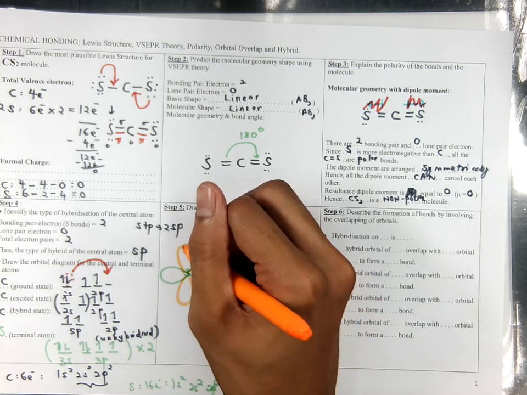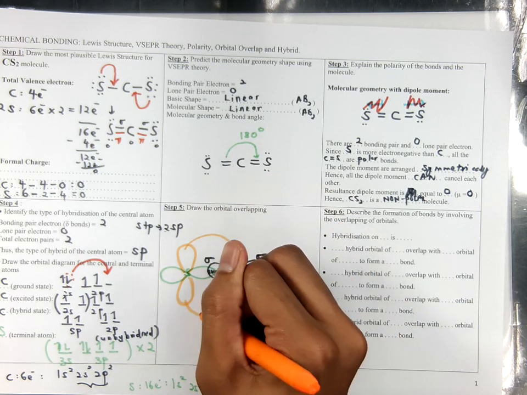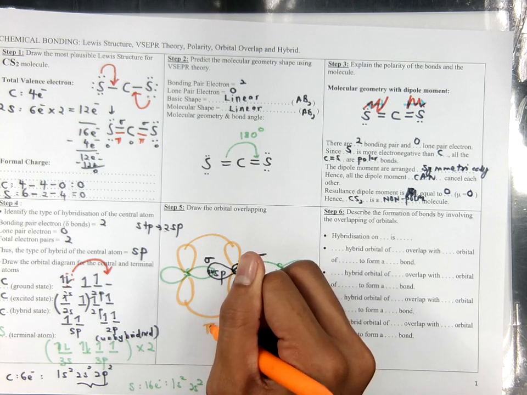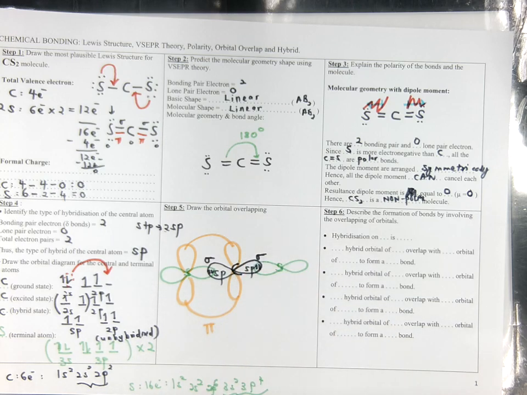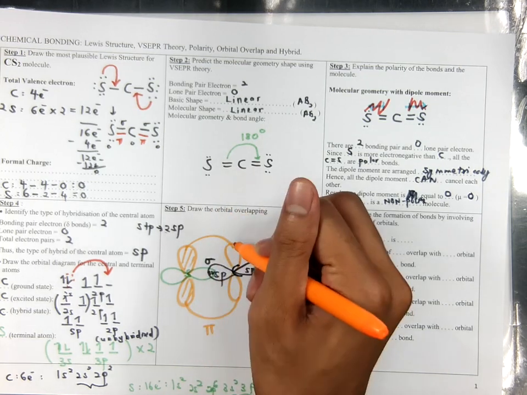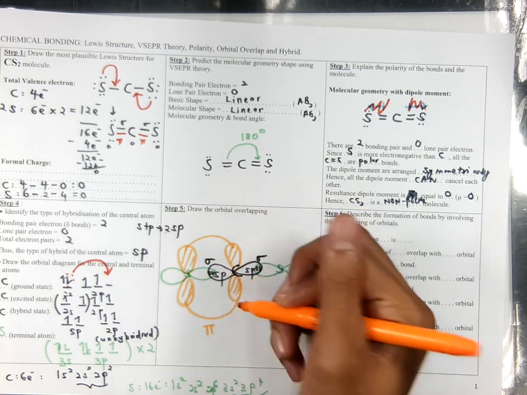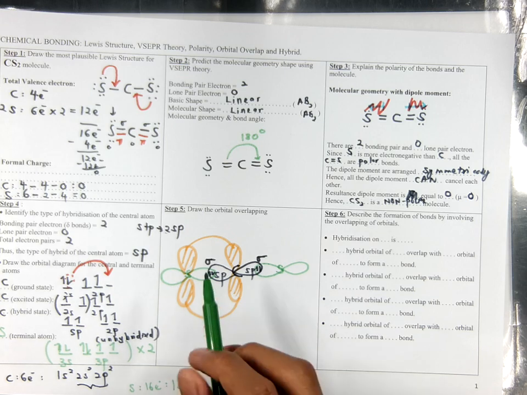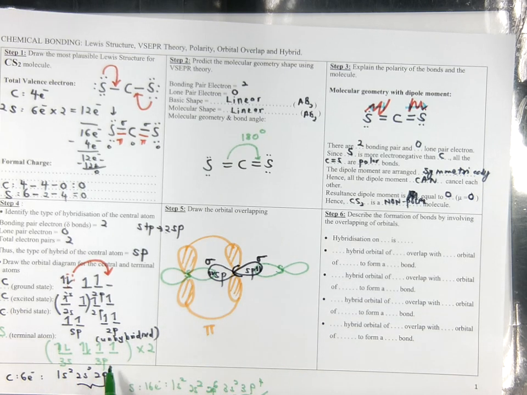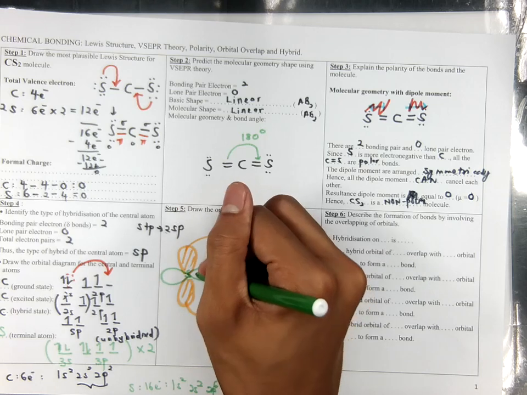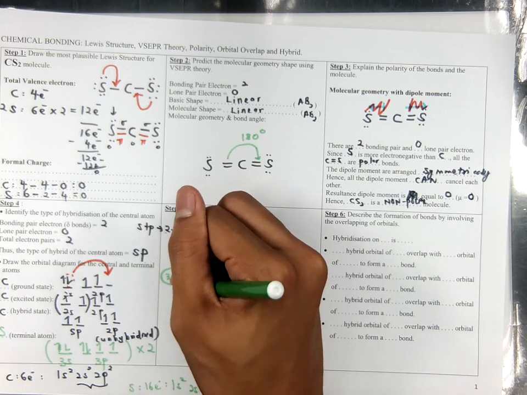This kind of overlapping, which is side-to-side overlapping, will form a pi bond. And I will draw a shaded region showing that it is a pi bond. And before I forget, for the sulfur here, you also need to mention its orbital because it came from the 3p orbital, so we have to mention that it comes from the 3p orbital.